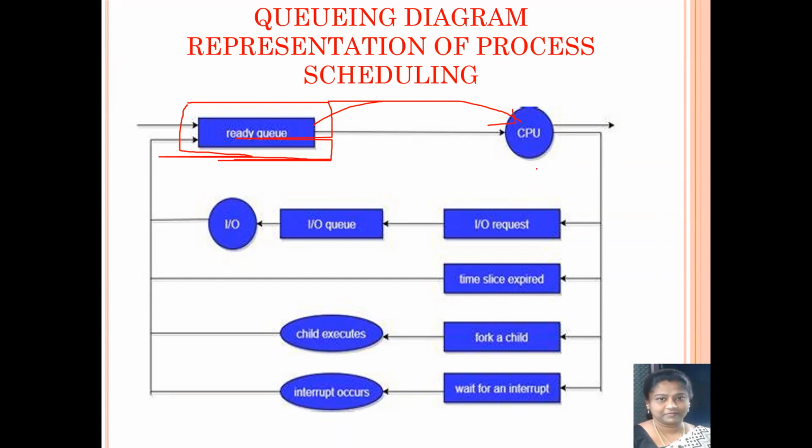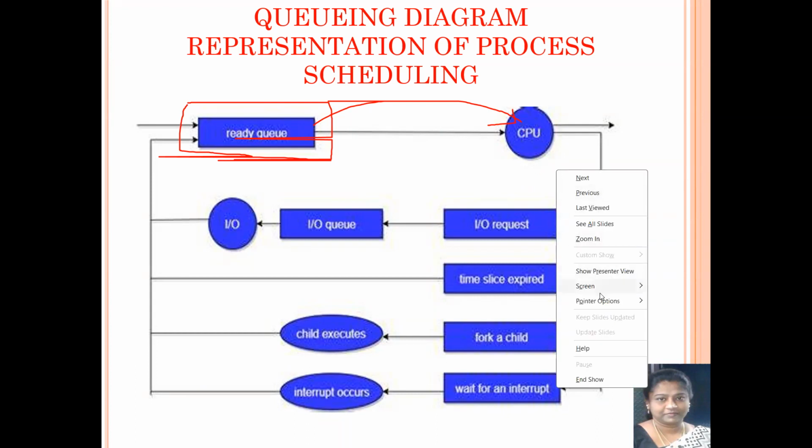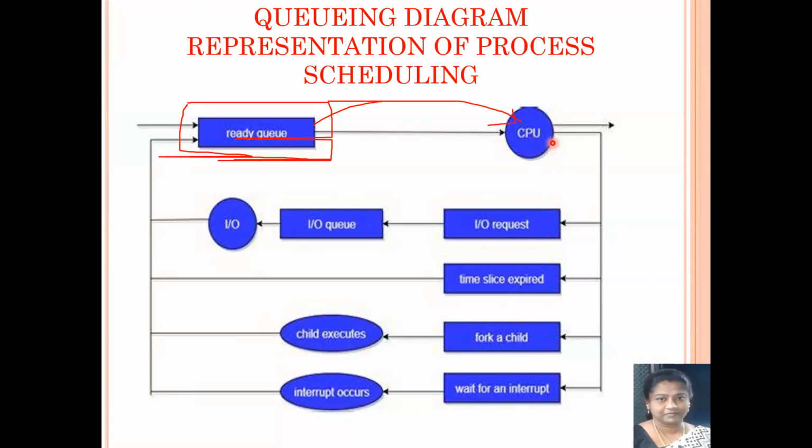So what are the possible situations under which the process can be preempted from the CPU? For example, whenever there is an IO request arriving. If there is a request for making use of the IO device, then the process will be immediately moved from the running state and put into the waiting state, and the process will be waiting for the IO event to complete.